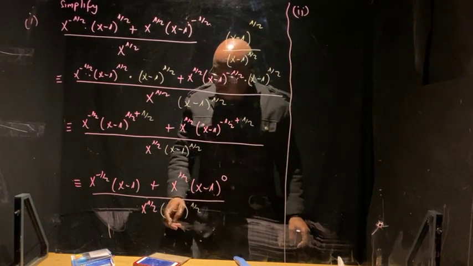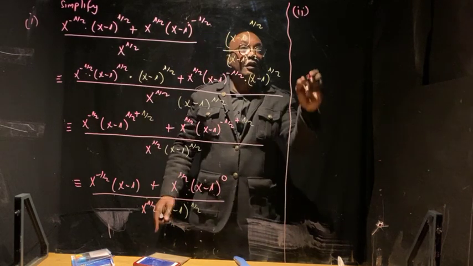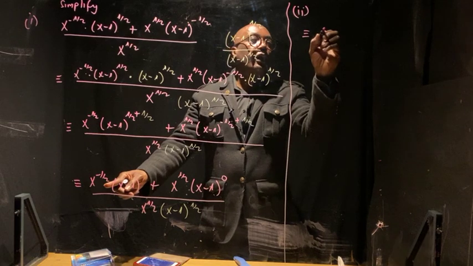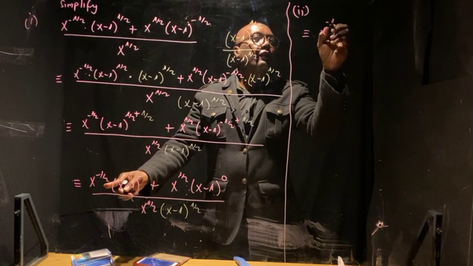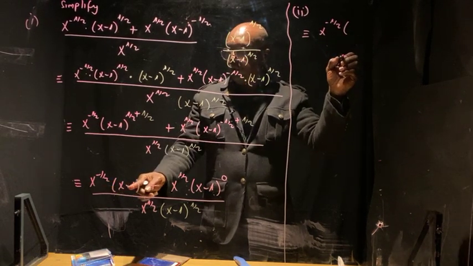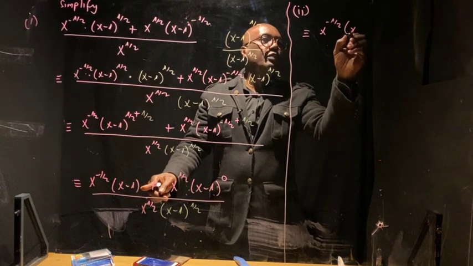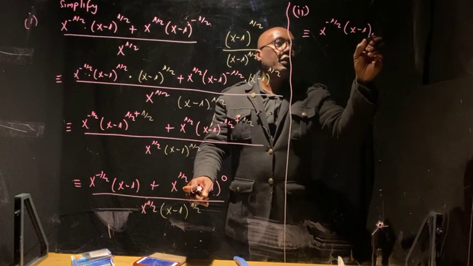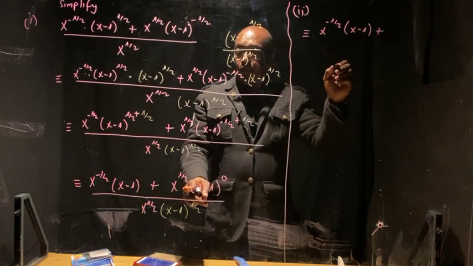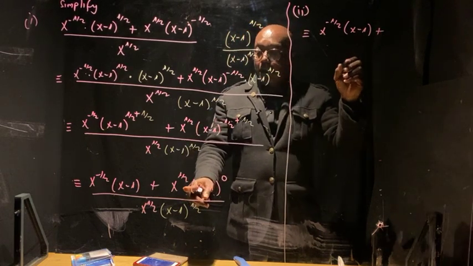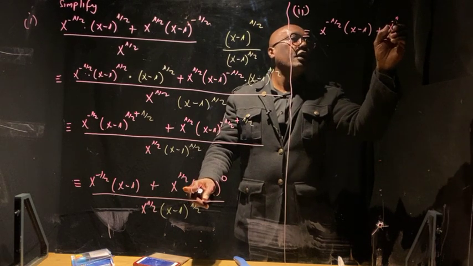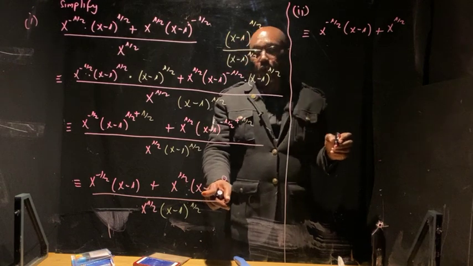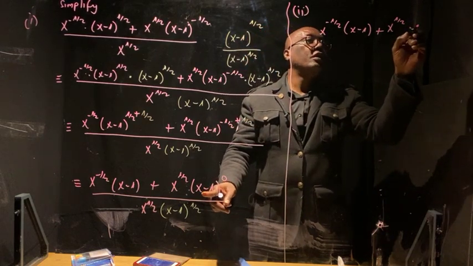Good. Picking up from here, what we are dealing with is x raised to the power negative half multiplied to x minus 1, and then plus x raised to the power half, any number raised to the power 0 is equal to 1.